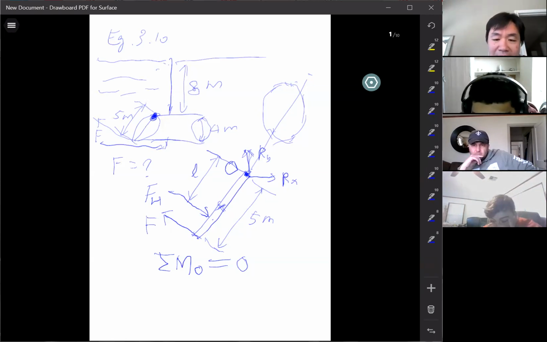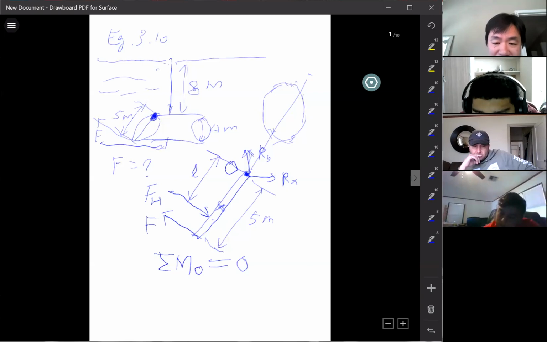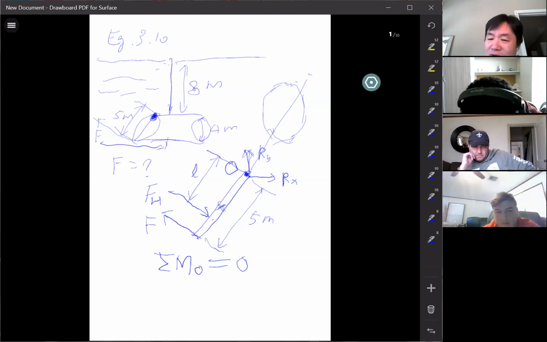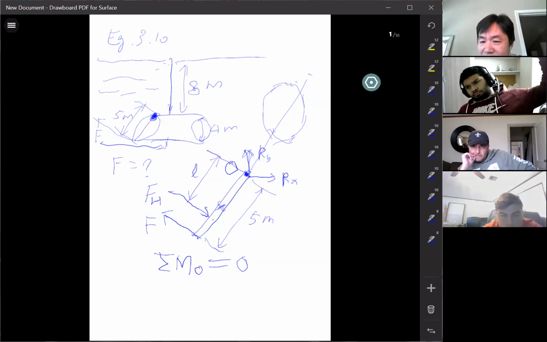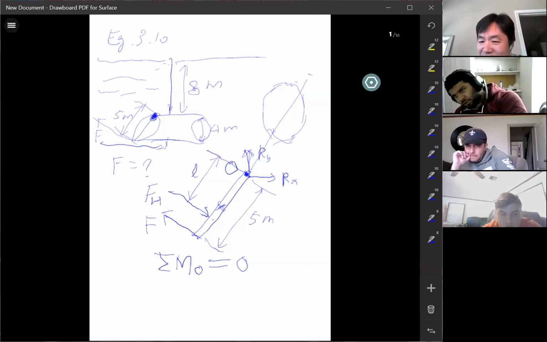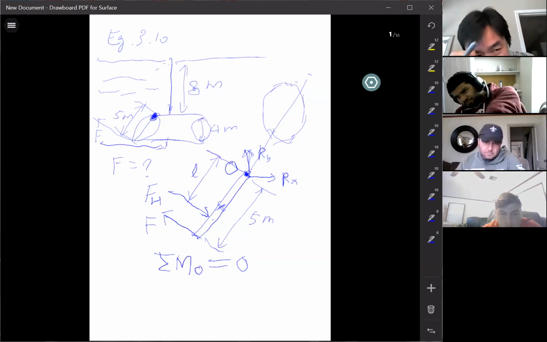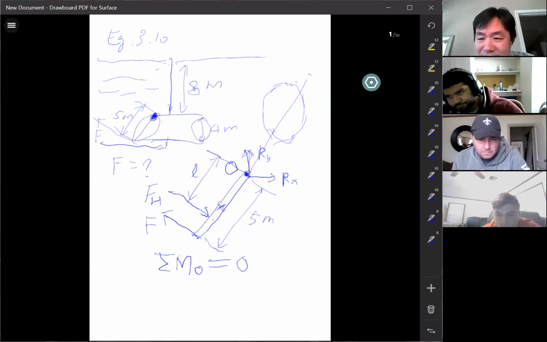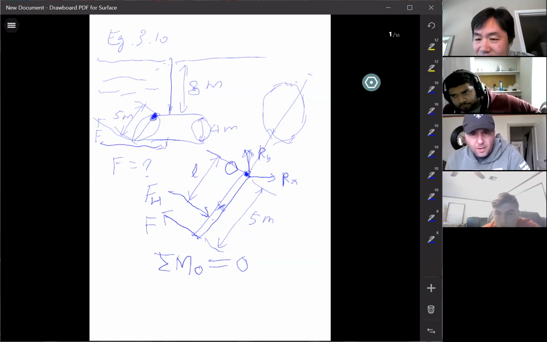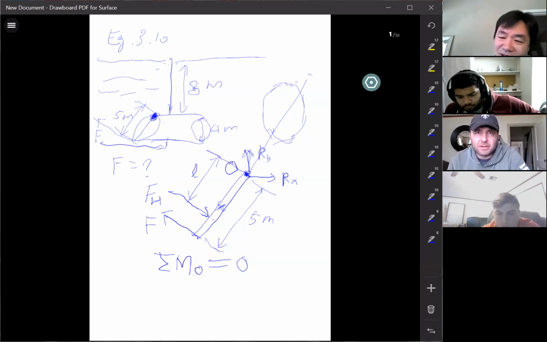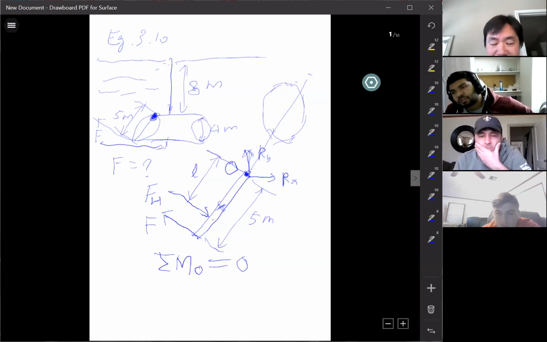Then you expand this equation. That's easy, right? Summation of moment. Which one is positive, clockwise rotation or counterclockwise rotation? Moment has a direction. Counterclockwise is positive and clockwise is negative.